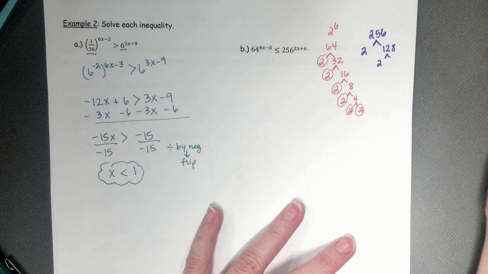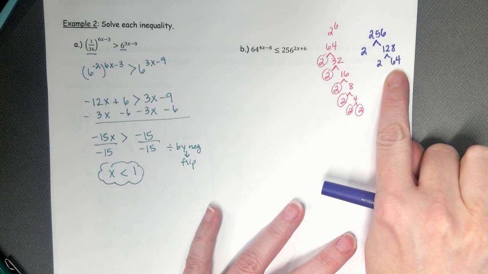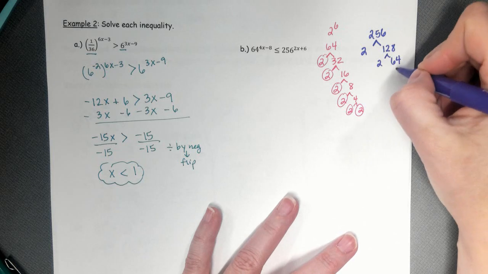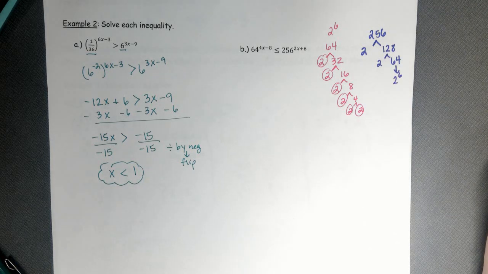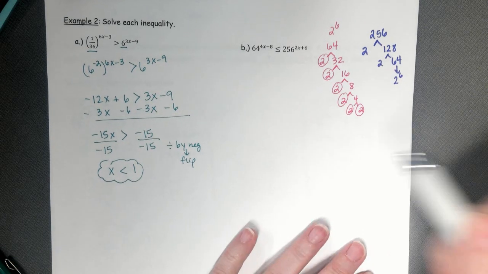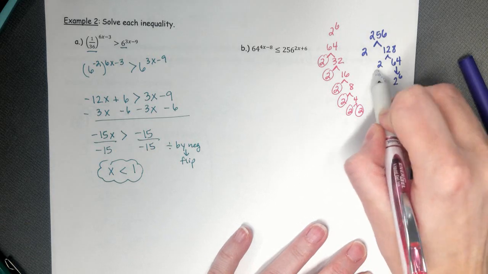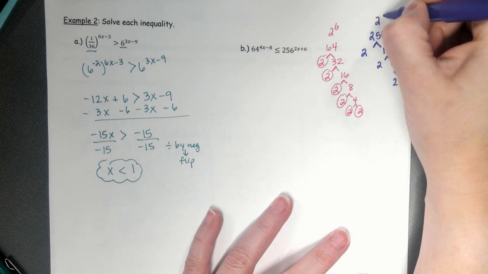Half of 120 is 60, so this is going to be 64. Didn't we just do a factor tree for 64? So isn't 64 2 to the 6th power? So don't write all that out again, we just did it, right? So if you have 2 to the 6th times 2 times 2, that can be written as 2 to the 8th.